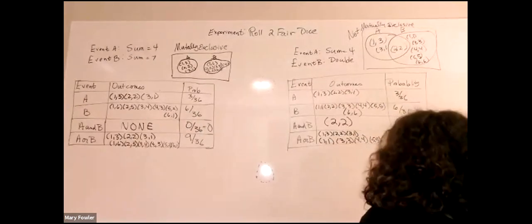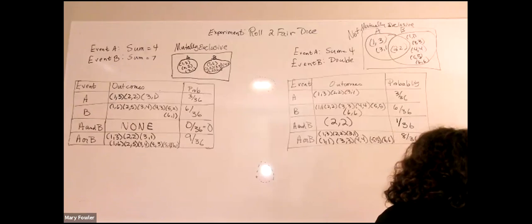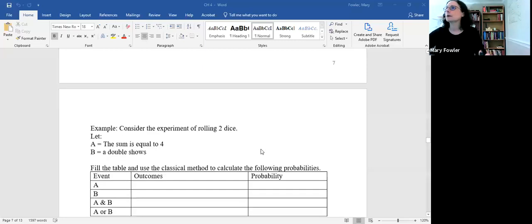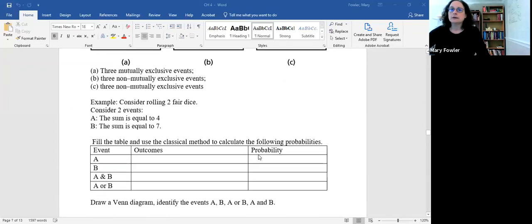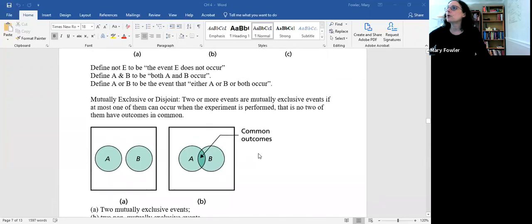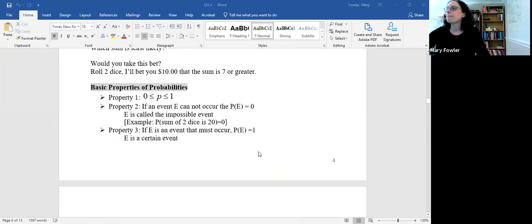So let's come over to the notes and go through a few things. More basic properties of probability. If I were to give you a probability structure that didn't follow these basic properties, you probably wouldn't be all that interested in my probability structure.